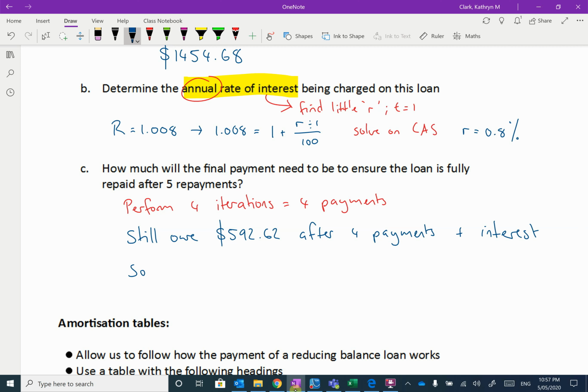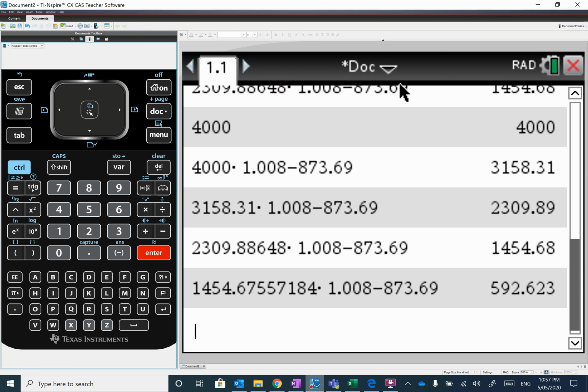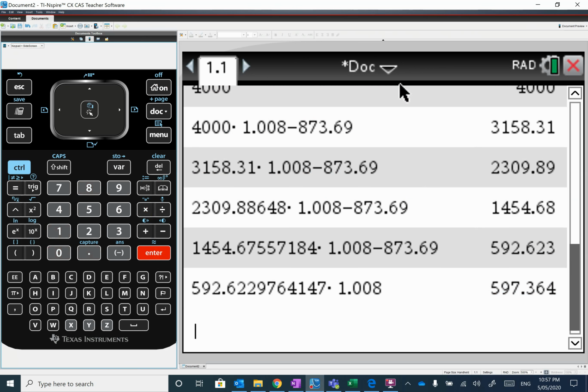So $592.62 times by 1.008 will give me how much I need to pay off on the 5th payment. So I'm going to take this amount, times it by 1.008 to find that I still then owe $597.36.